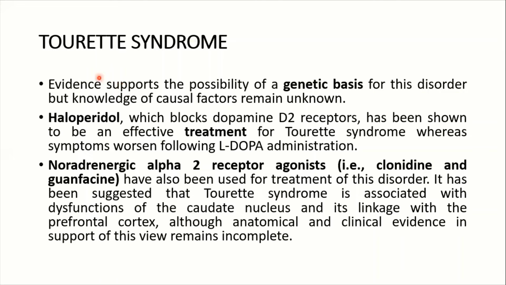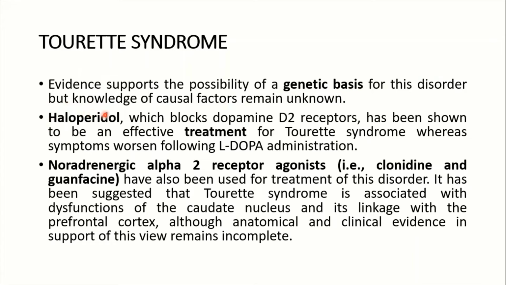So Tourette syndrome continues. Evidence supports the possibility of a genetic basis for this disorder, but knowledge of causal factors remains unknown, right? The cause is still unknown, though a genetic basis is suggested.